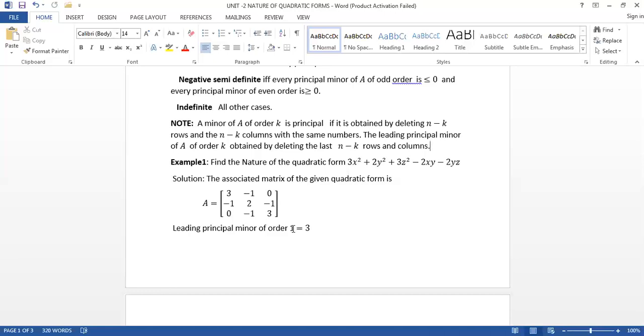What is the n value? n is equal to 3. k value is 1. So 3 minus 1 equals 2. That means we have to delete the last 2 rows and last 2 columns. So deleting the last 2 rows means the second row and third row, and the second column and third column. Then what will we get?